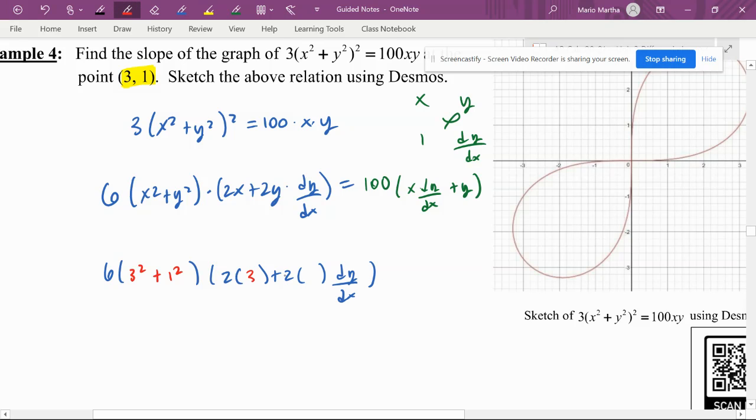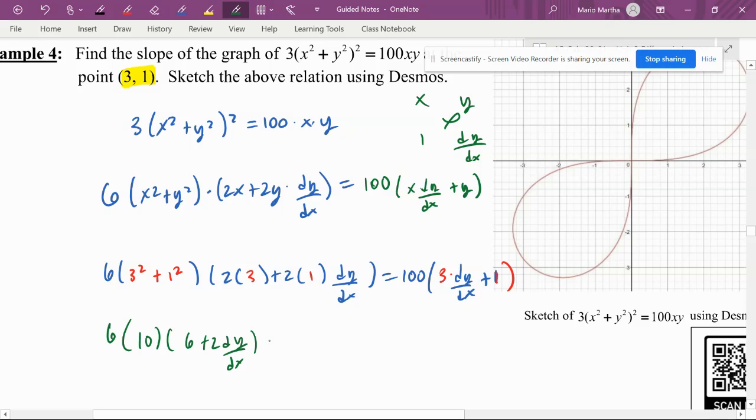So that equals 100 times 3 times dy/dx plus 1, which was y, right? Okay, we start to simplify now. So that gives us 6 times 10 times 6 plus 2 dy/dx.